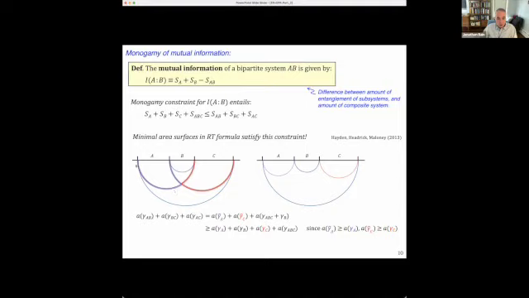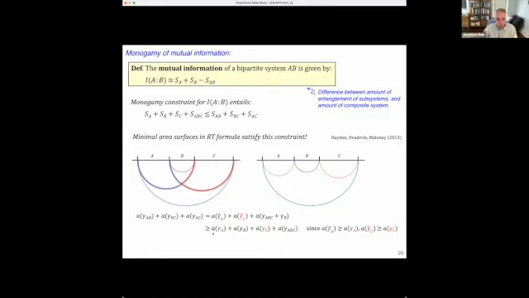gamma A tilde must be greater than or equal to the area of the minimal area bulk surface gamma A with the same boundary as A. And on the figure on the right, that's represented by this thin purple surface. And similarly, the area of gamma C tilde, this fat red surface on the left, is greater than or equal to the area of gamma C, the thin red surface on the right, under the assumption that gamma C is the minimal area surface with the same endpoints as C. Gamma C tilde is just another bulk surface with the same endpoints, not necessarily the minimal area one.